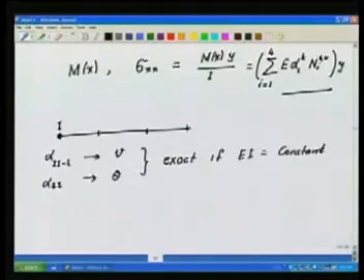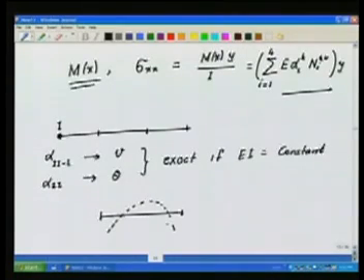Okay. Similarly, I can talk of how the bending moment behaves. If I have this cubic approximation, I will find the bending moment in an element. If I look at the error in the second derivative, it will do something like this.